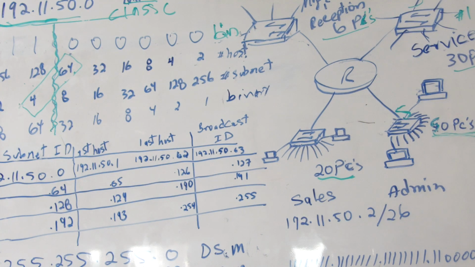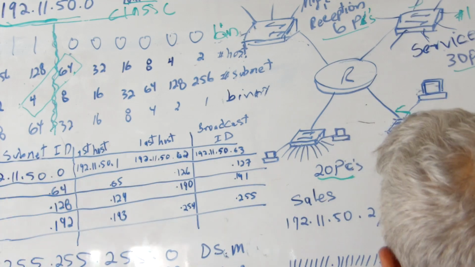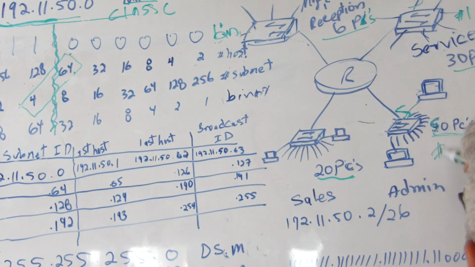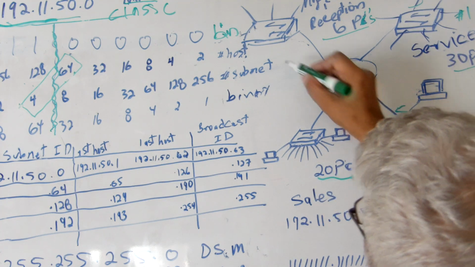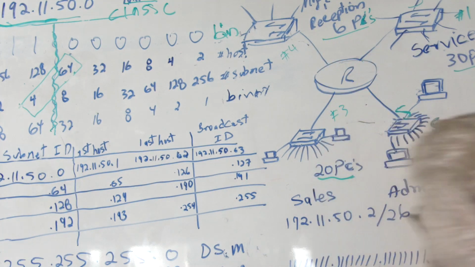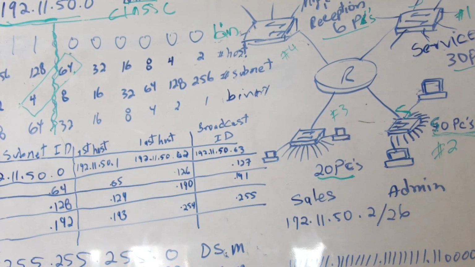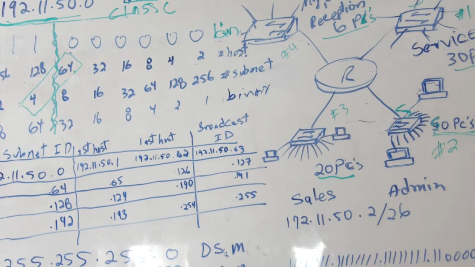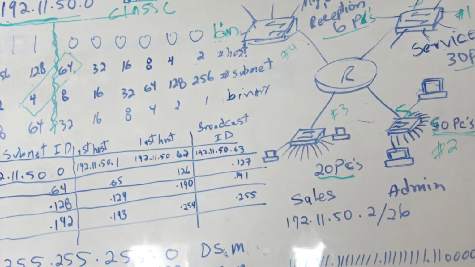So this is number 1, and this is number 2, number 3, number 4 subnet ID. What you are talking about is that subnet number 1, which is service, has 30 PCs in it.